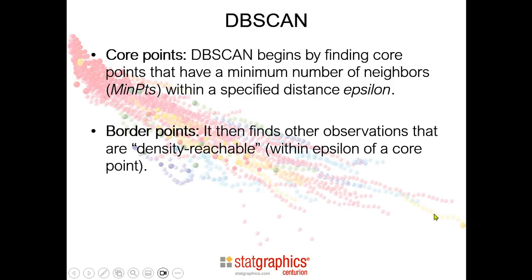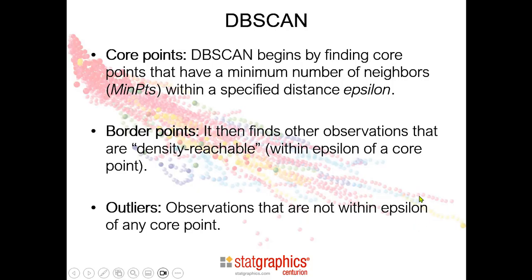Secondly, DBSCAN will look for border points. Border points are points which are density reachable. That means they're within epsilon of a core point, but they have less than the minimum number of neighbors to be a core point. Finally, there are outliers. Outliers are observations that are not within epsilon of any core point.